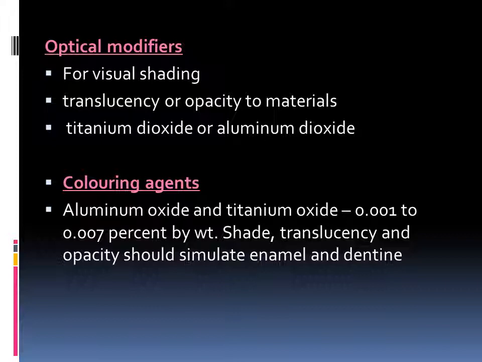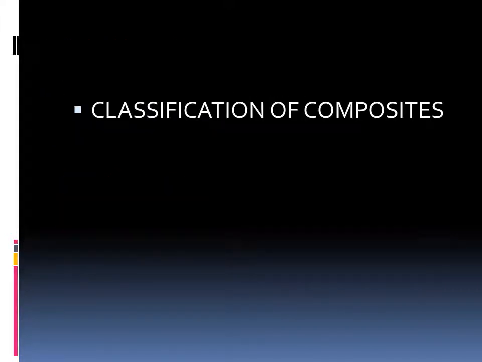Then coloring agents like aluminum oxide and titanium oxide, which are 0.001 to 0.007% by weight. Shade, translucency, and opacity should simulate the enamel and dentin. So basically, all of these additives are added in order to enhance the aesthetics and make them more natural and tooth-like in appearance. So we've discussed the composition of dental composites.